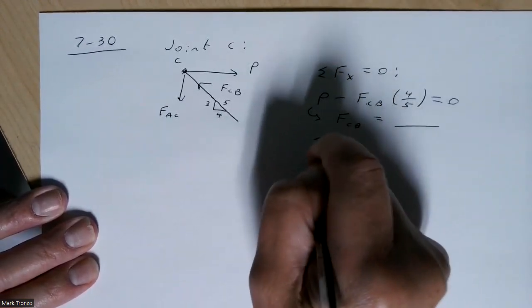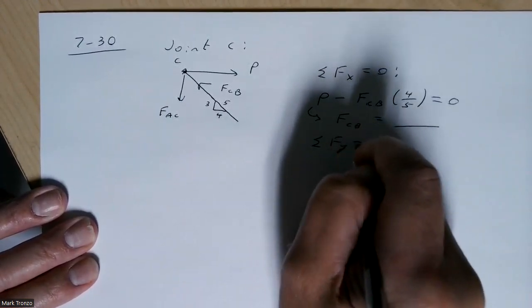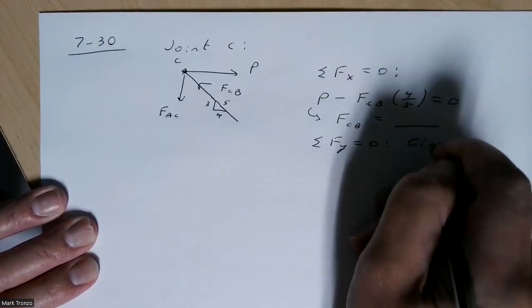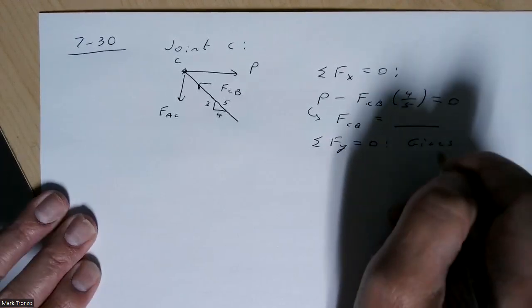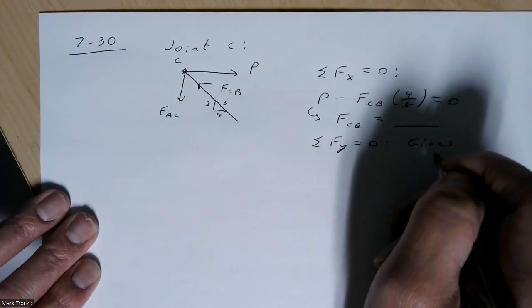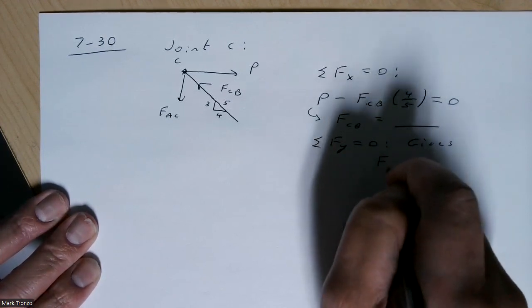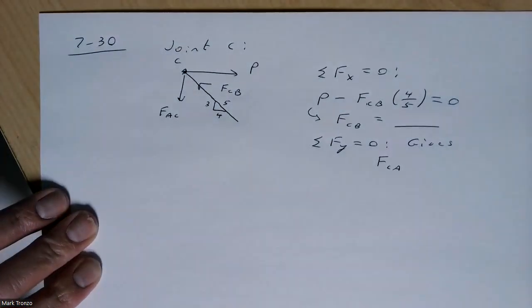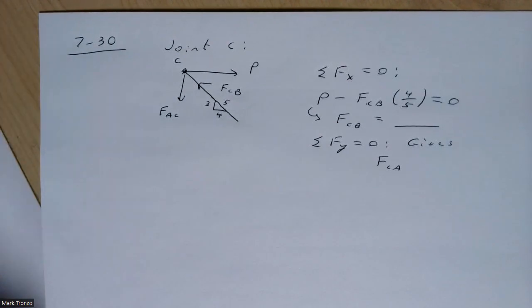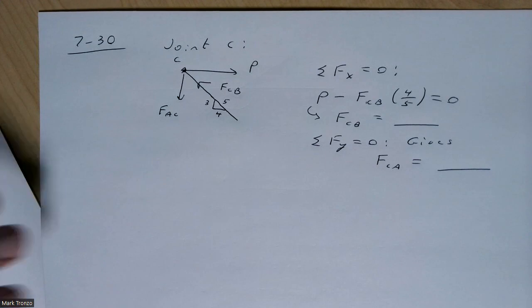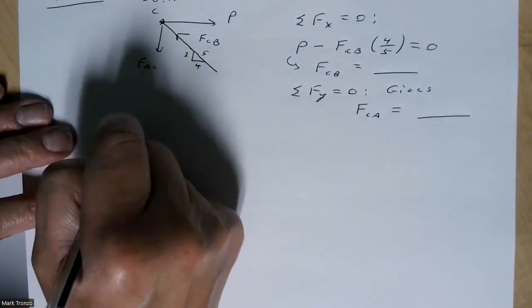And then in the same way, sum the forces in the y direction. That will give your FCA. So do that first of all, find those values. And then go to joint B.